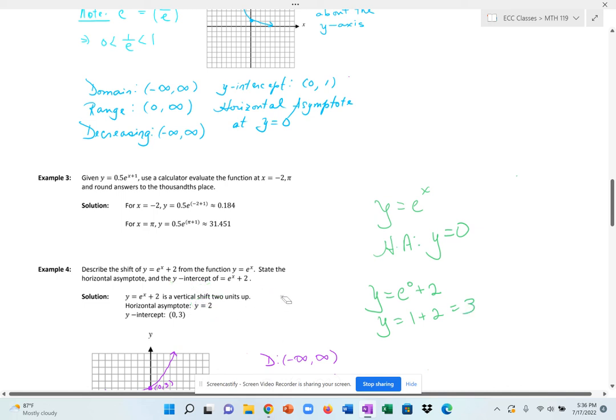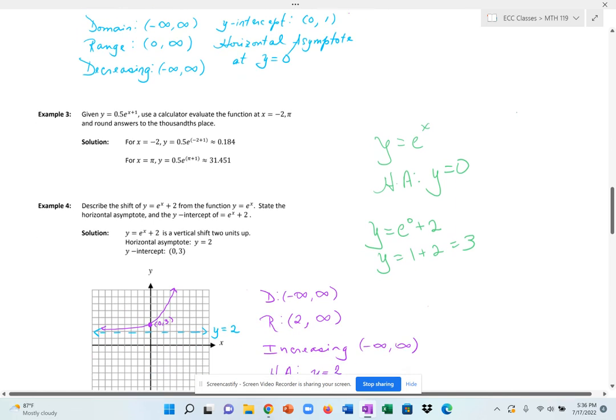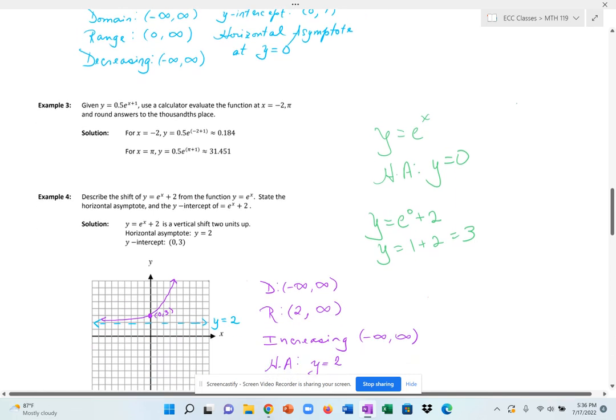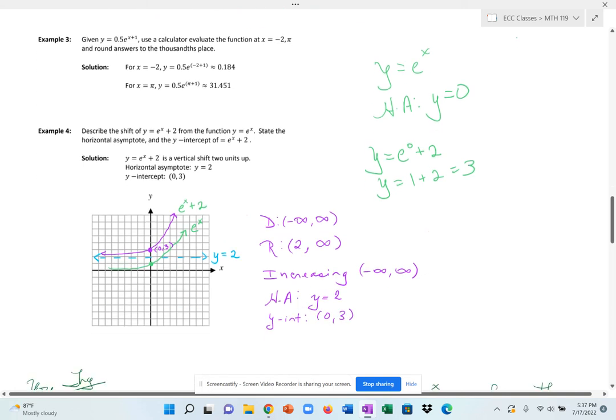So a graph of e to the x plus 2 looks like this one here below. The e to the x would go through here. So this would be the graph of e to the x, but e to the x plus 2 would be the one in purple. And so the one in purple has a domain of all real numbers.